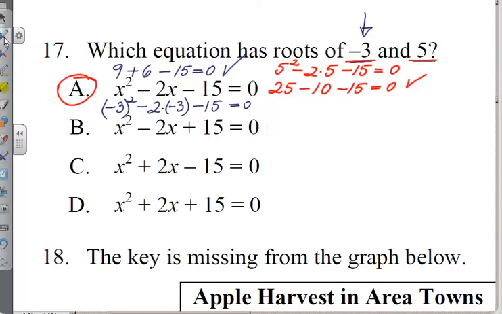Now, this is one way to solve it. Another way is to take your quadratic equation x squared minus 2x minus 15 equals 0 and see if you can factor this expression on the left into the product of two binomials, right? See if it's factorable. If it's prime, then obviously you have to move to the next one. But let's see.